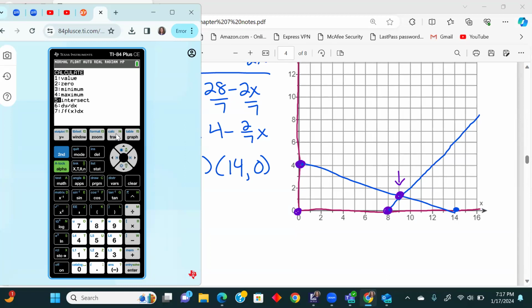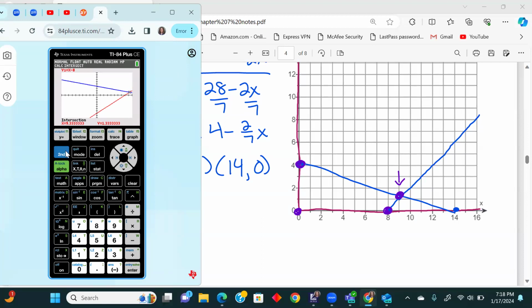This is actually an easy function to use. So second, trace. You get to intersect, you hit enter. It says first curve, you don't move anything, you hit enter. It says second curve, you don't move anything, you hit enter. It says guess, you hit enter. So that is where they cross at 9.3 repeating and 1.3 repeating.